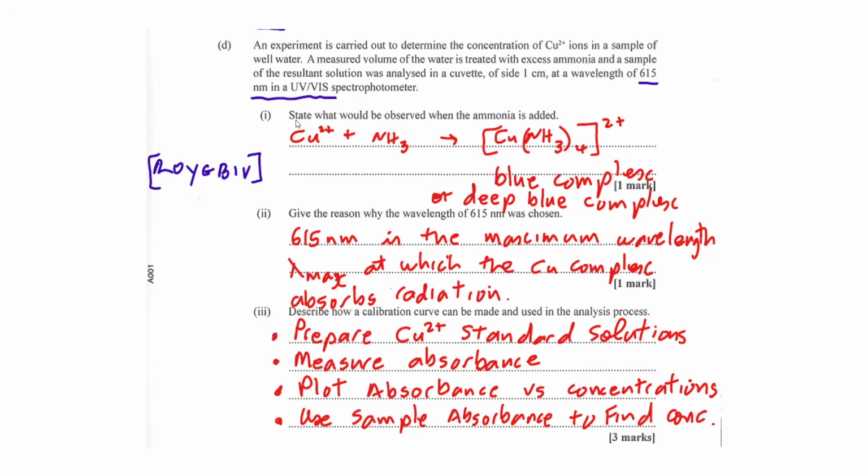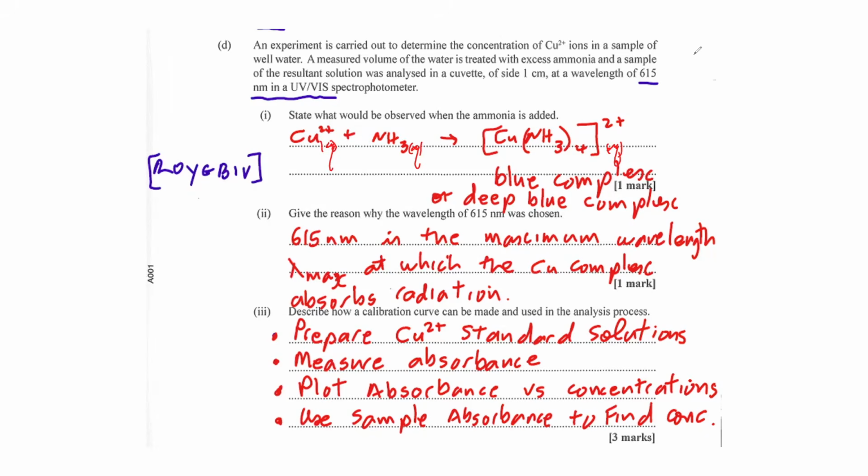Part 1. State what would be observed when ammonia is added. So here we have our aqueous ammonia added to our copper ion, forming a complex of tetraammine copper 2 ion, which is a blue complex. D Part 2. Give the reason why the wavelength of 615 nanometer was chosen.